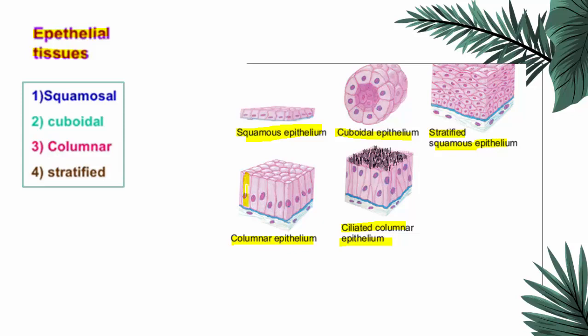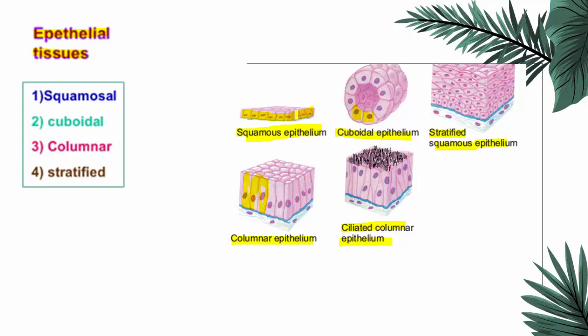In the columnar epithelium, cells are column-like or pillar-like, each cell consisting of only one nucleus. If you observe the cells of epithelial tissues, every cell is having only one nucleus. All the cells of epithelial tissues are uninucleated.